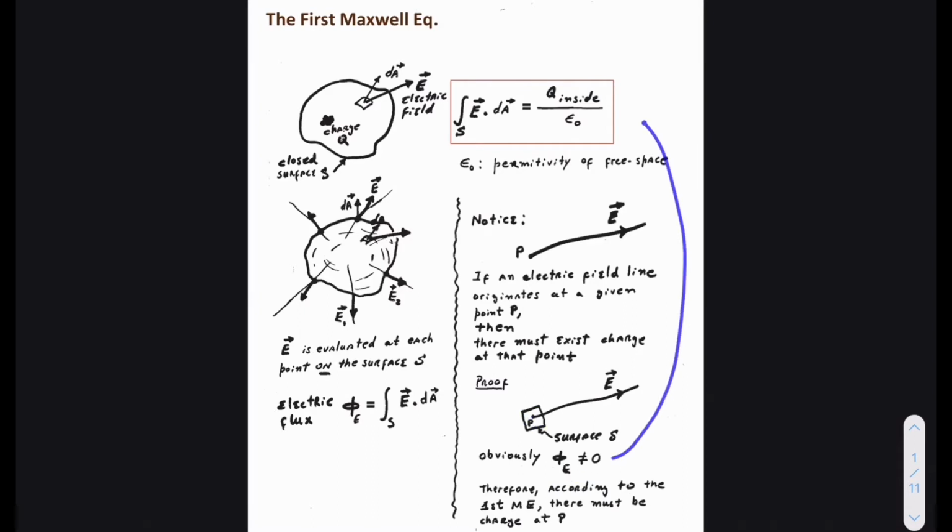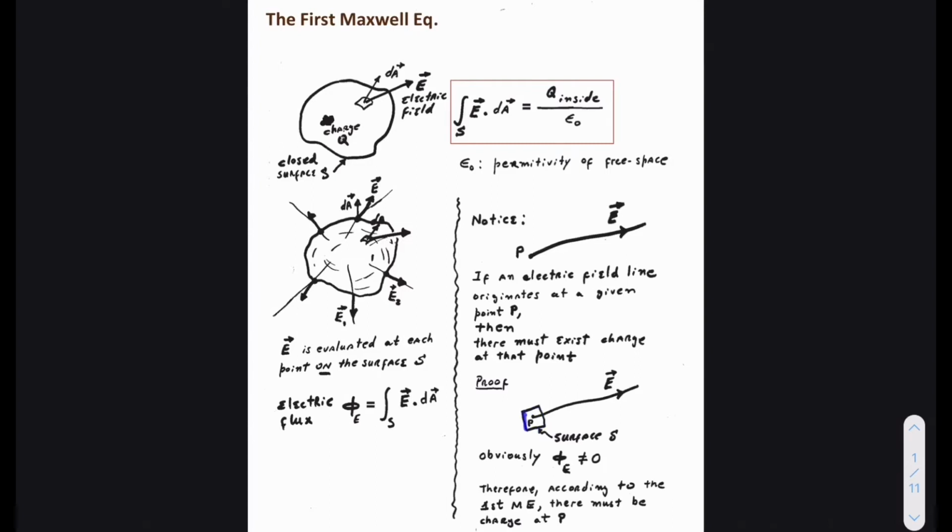But according to Maxwell's equation, if the flux is non-zero, then the quantity on the right-hand side should be non-zero too. So that means the charge Q inside is non-zero. So there must be a charge here inside this closed surface.